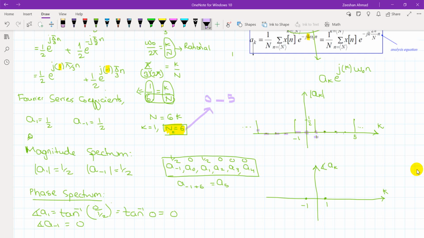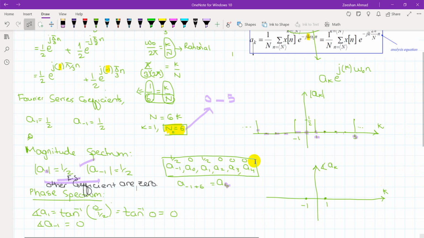So my one coefficient is at 1, the other coefficient is at 5 here, if you want to make all of them on the positive side. But if you do like this, it will be more than enough. You can say the other Fourier series coefficients are 0 here. So it's more or less the same as what we did previously for the continuous time here.